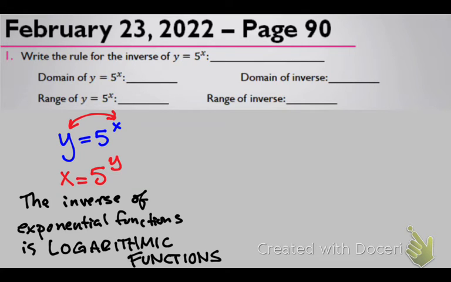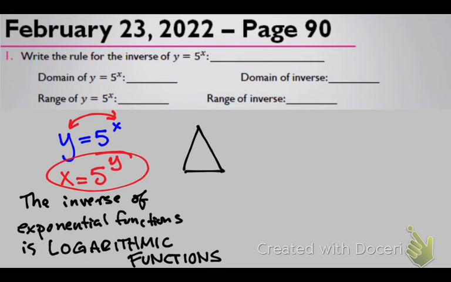So I want to switch from exponential form to logarithmic form. What tool do we have when we're switching from exponential to logarithmic? What shape do we have to help us? The triangle, yeah. I can draw my triangle.